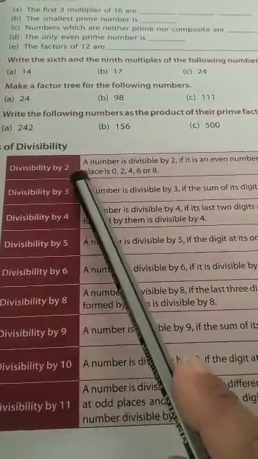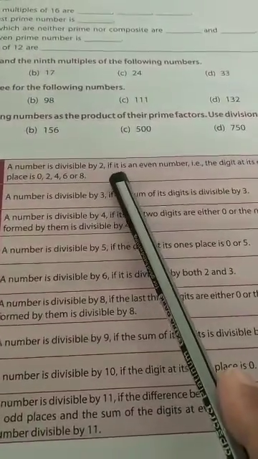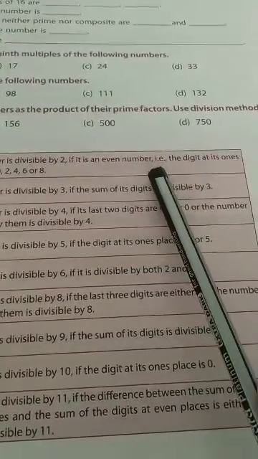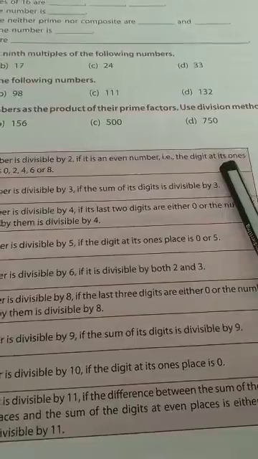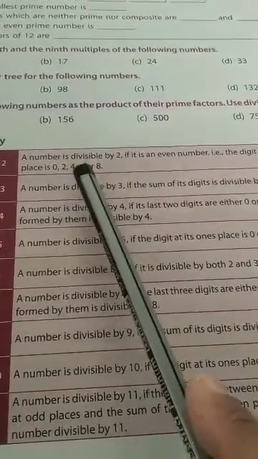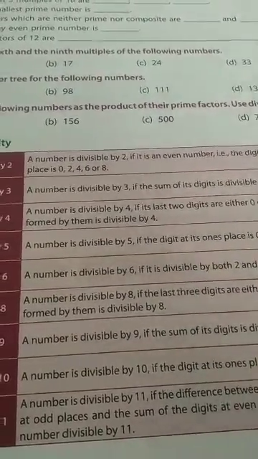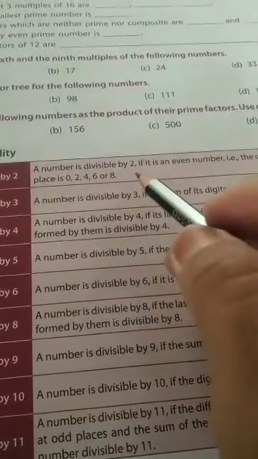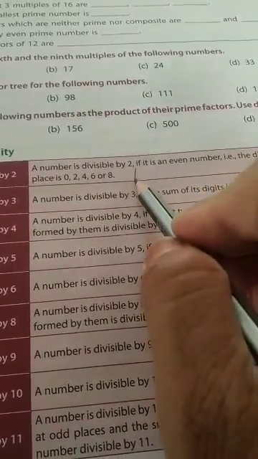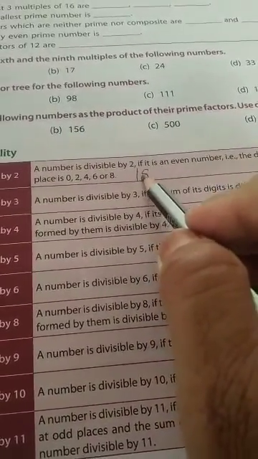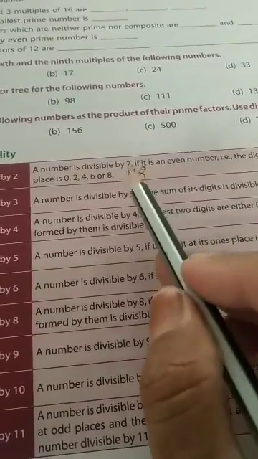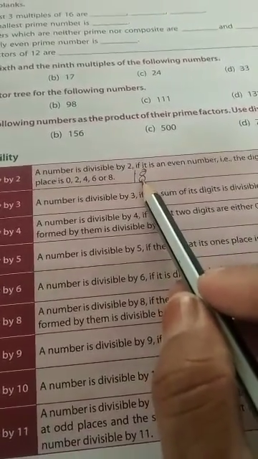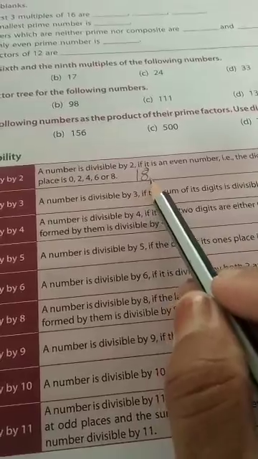First we'll see divisibility by 2. A number is divisible by 2 if it is an even number, that is, the digit at its ones place is 0, 2, 4, 6, 8. Understood? Suppose you consider a number, I am taking 18. This number will be given in the exercise. You have to check whether this number is divisible by 2 or not.